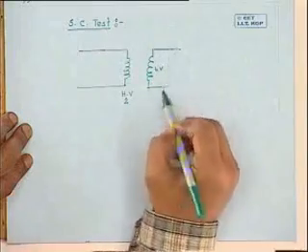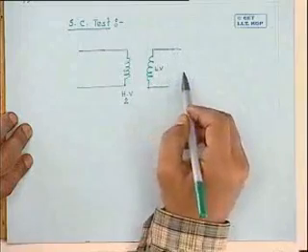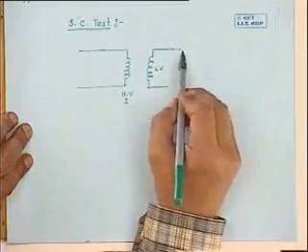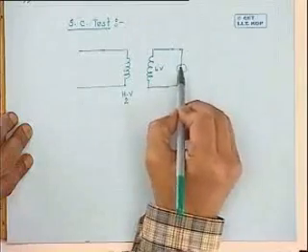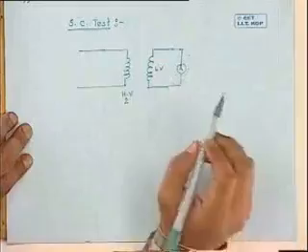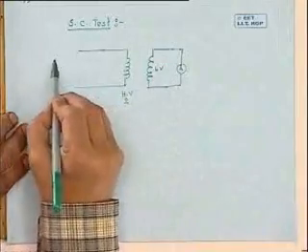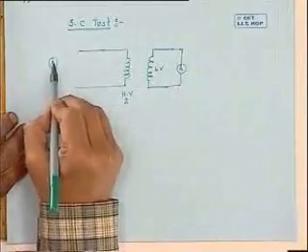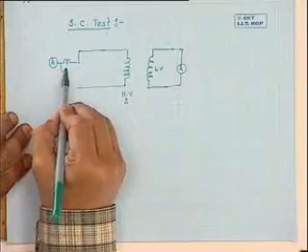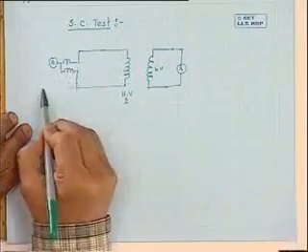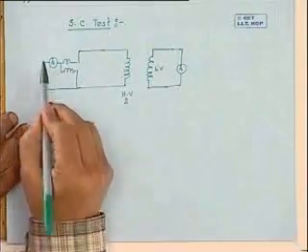LV side should be shorted by a thick wire or by an ammeter of appropriate rating, whichever way you can short it. On the primary side, once again, you connect an ammeter and a wattmeter here.